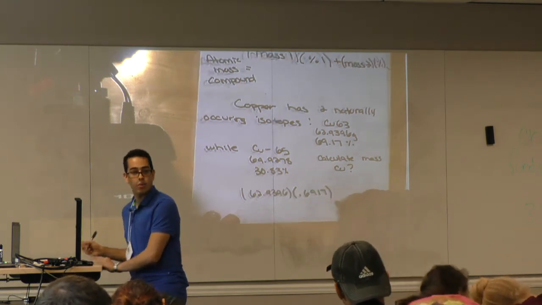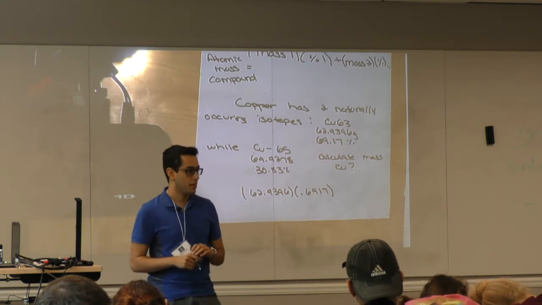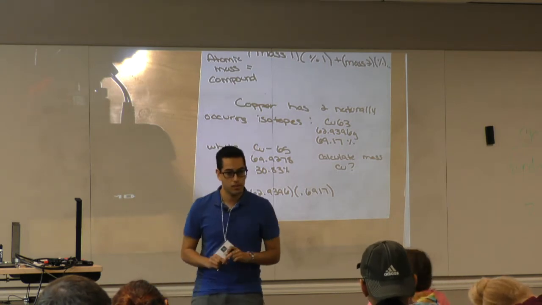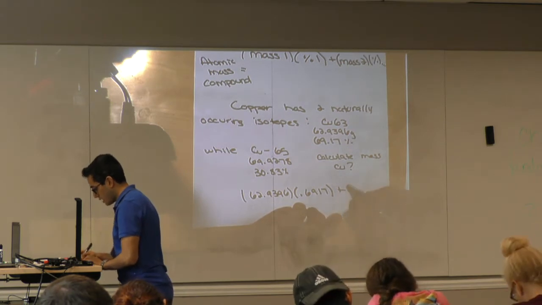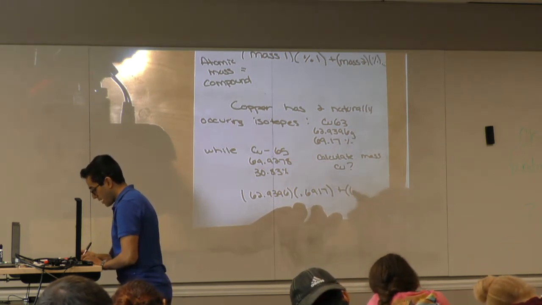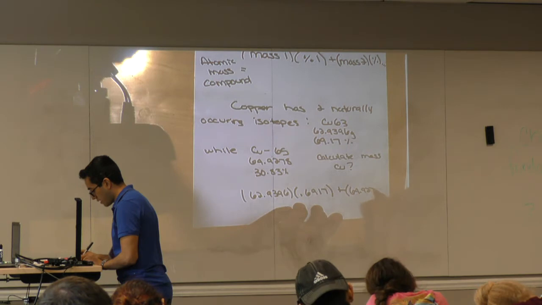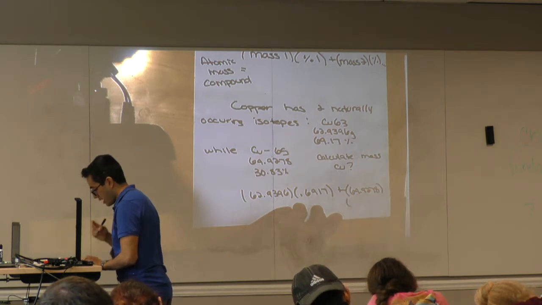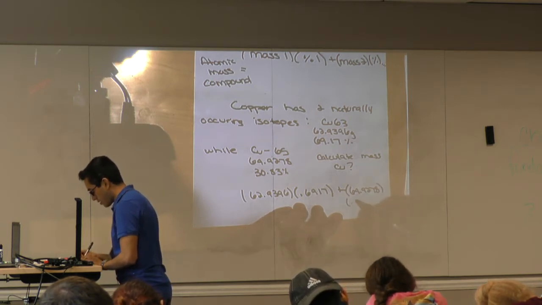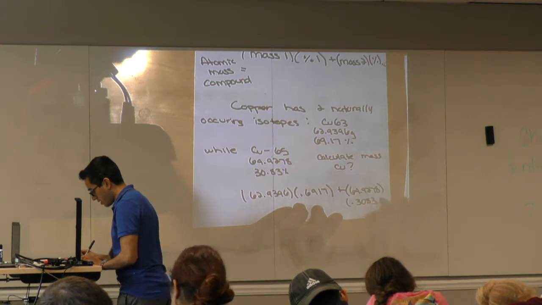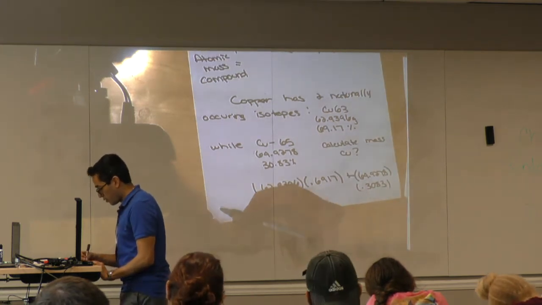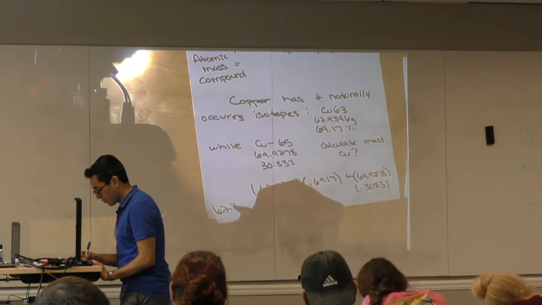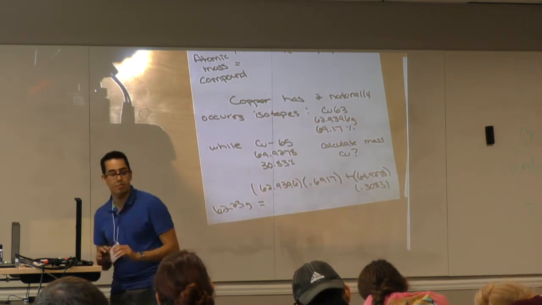You don't plug in 69.17. That will give you a wrong answer. Okay? And so we follow the same trend here, where Cu65 has a mass of 64.9278, multiplied by its abundance, 0.3083. You multiply that across, and you add it up, and you should get 62.23 grams per mole as the mass.